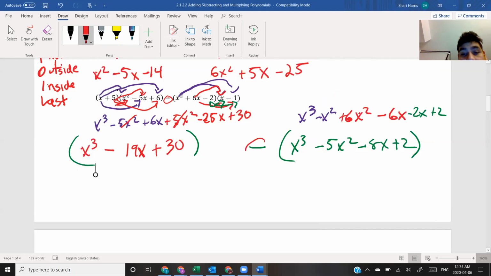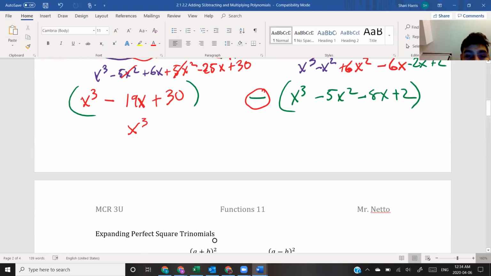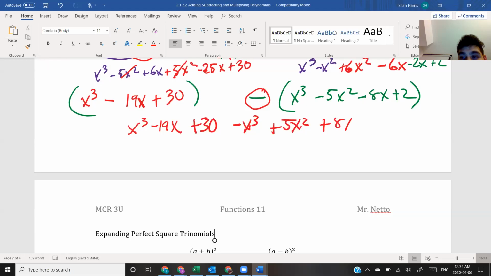Remember, when we're subtracting polynomials, this negative is going to change the sign of all these guys. So let's write this out without the brackets. So this is going to be x cubed minus 19x plus 30 minus x cubed plus 5x squared plus 8x plus 2.